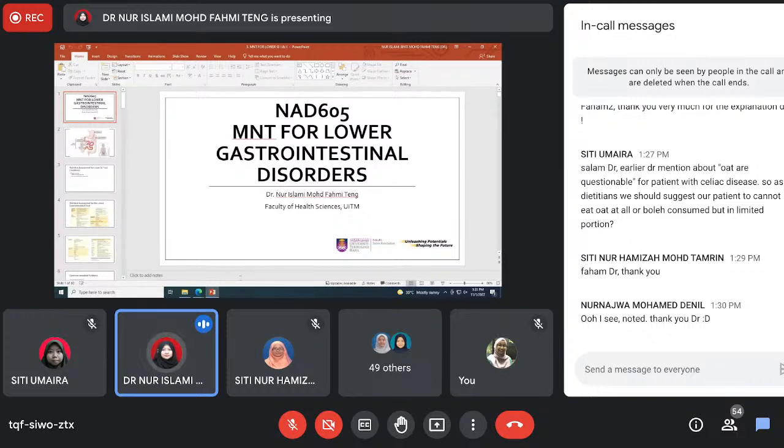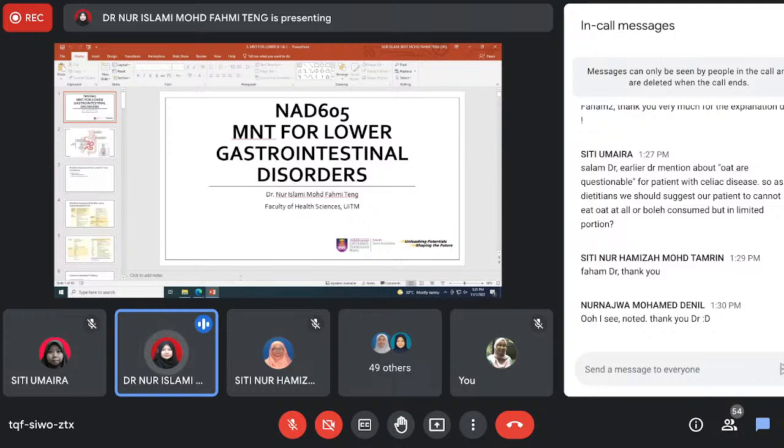So because oats ni, there are study that say that people with celiac disease, dia akan trigger dia punya intolerance, dia punya ni.